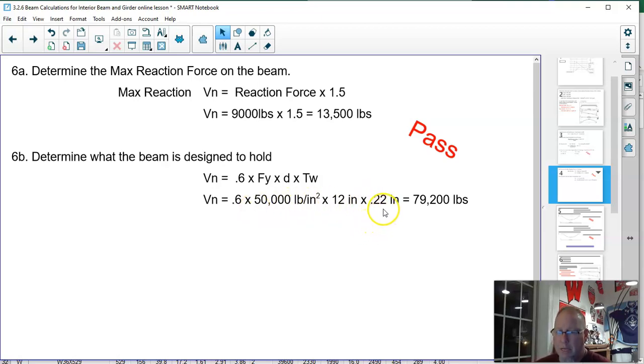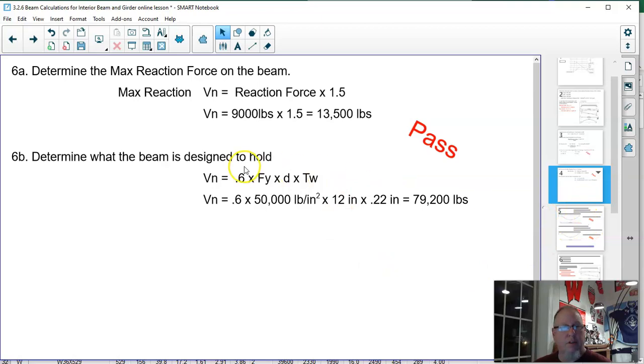This beam, let's just call it 1/4 of an inch, times 12 inches, times 50,000, and this number over here is a correction factor that we just take that total limit, and we're going to say there was some manufacturing process that's only going to allow it to hold 60% of what it's designed to. And even with that taken into account, this beam will easily hold the biggest number that I think is going to be on it. Easily hold. Just for the record, I've never seen this test fail on any beam that we've selected ever for the course.